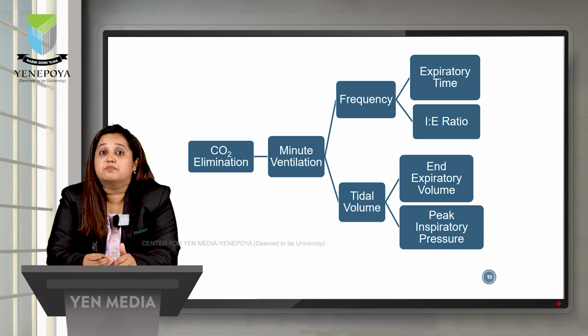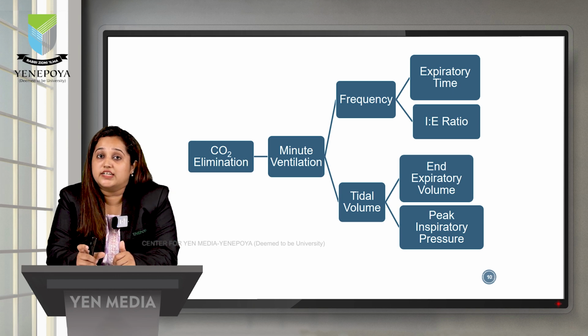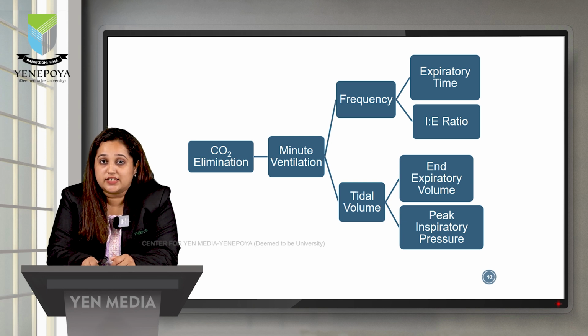But if you are using pressure control mode of ventilation, then you have two more parameters. There will be the end-expiratory pressure, how much you are targeting, and what is the peak inspiratory pressure that you have set. So the peak inspiratory pressure, like I told you, is a pressure you are setting so that this much amount of tidal volume can be delivered to the baby.